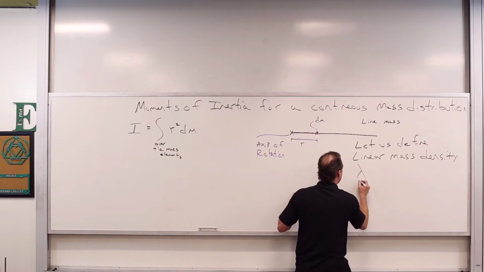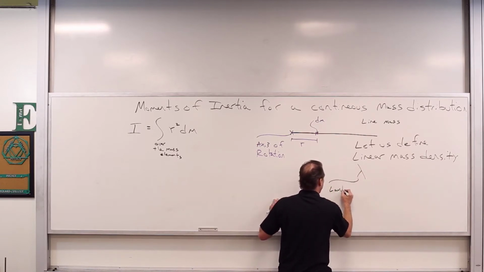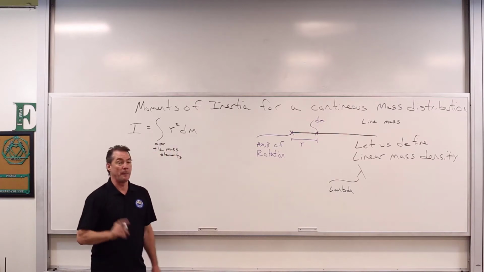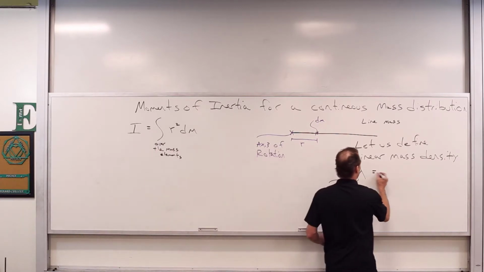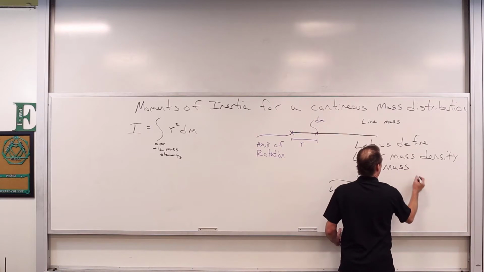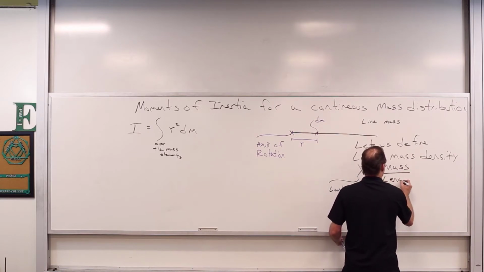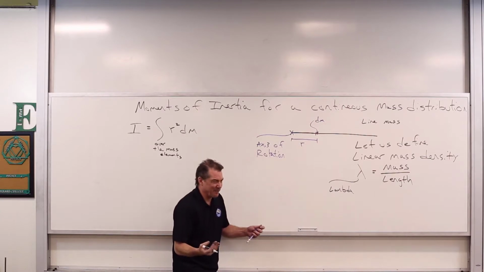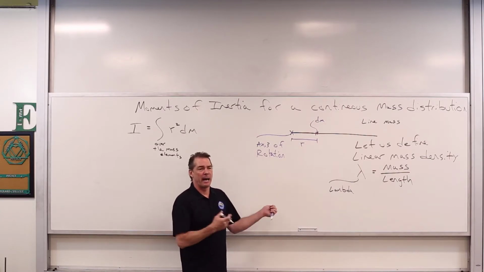Linear mass density, this is a lambda. Linear mass density is really mass per unit length. In terms of the idea of it, that's what it's a measurement of, the mass per unit length.